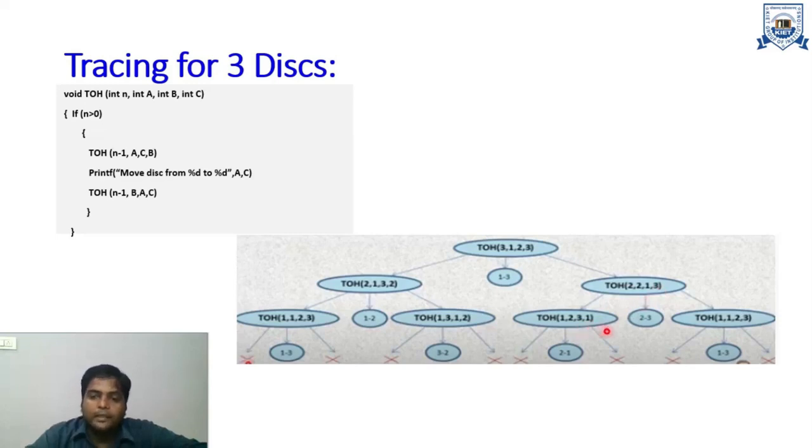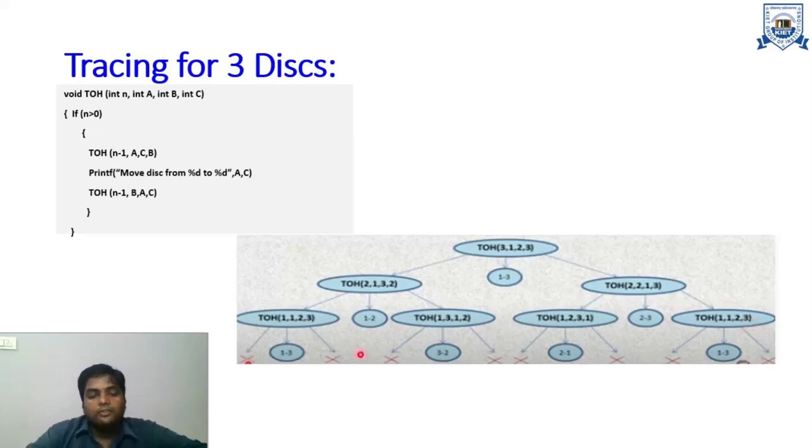Now the next one is move disk from A to C. So A is 2 and C is 3. So this is the movement from 2 to 3. Next one is n minus 1 comma B comma A comma C. So n minus 1 is 1, B is 1, A is 2, and C is 3.